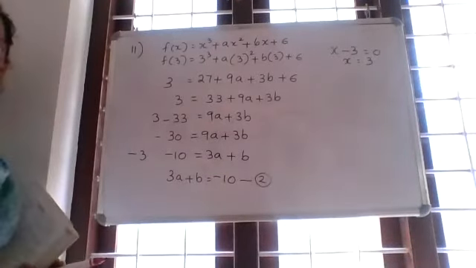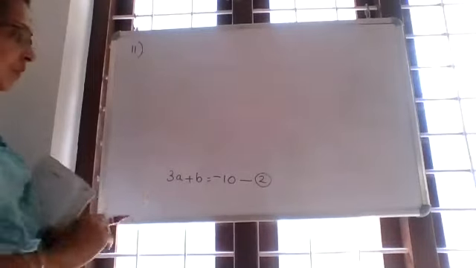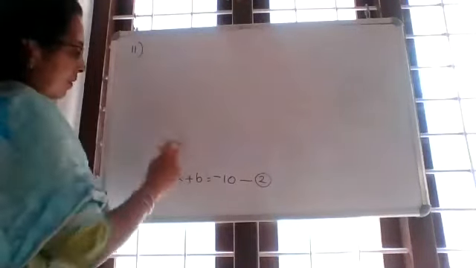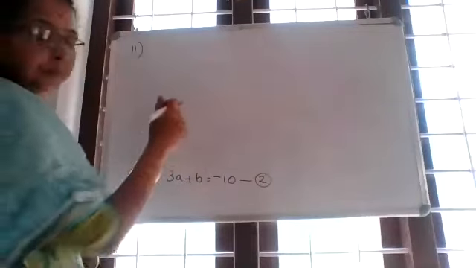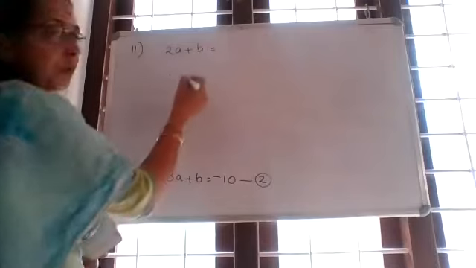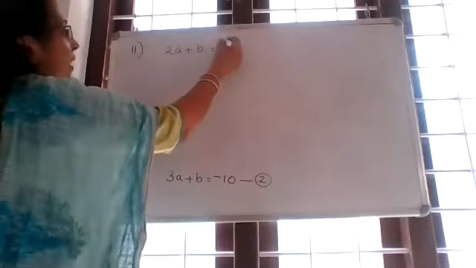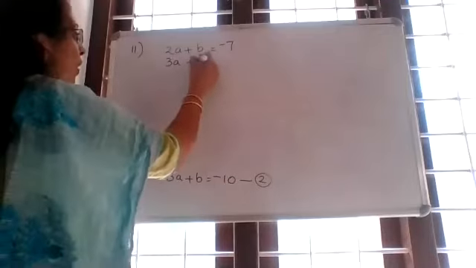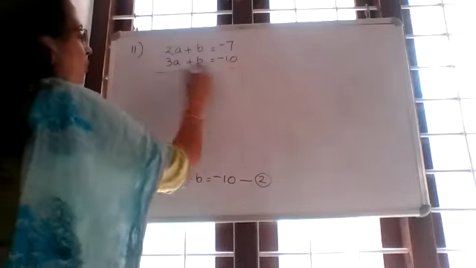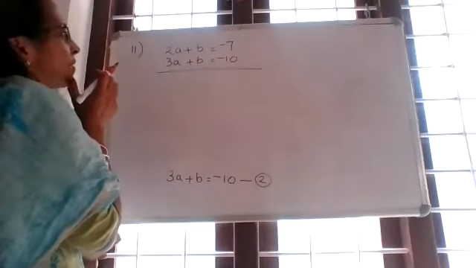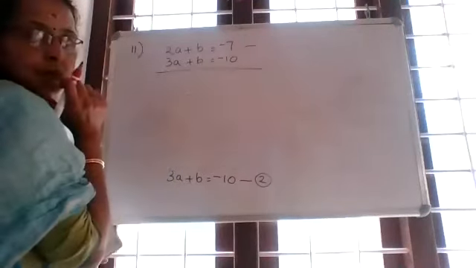Then solve 1 and 2. First equation we got it as what? 2a plus b is equal to negative 7. And now we got 3a plus b is equal to negative 10. So what we want to do? If we subtract, subtract.